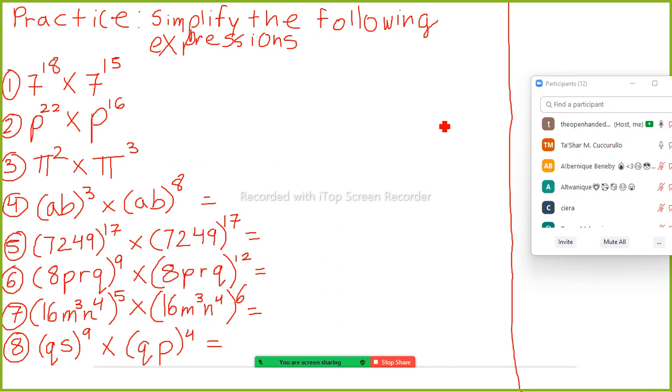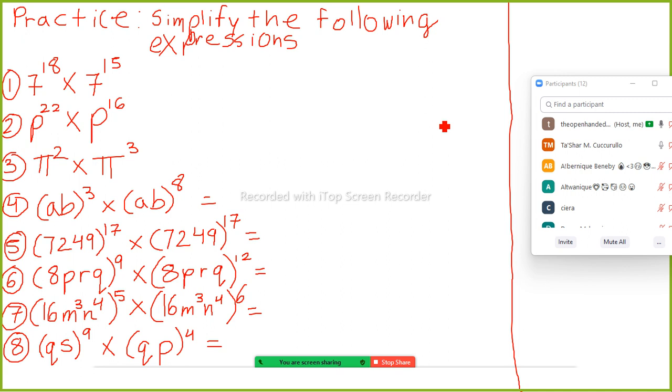We have 7 to the power of 18 times 7 to the power of 15, p to the power of 22 times p to the power of 16, pi squared multiplied by pi to the third power, ab to the third power times ab to the eighth power, 7,249 to the 17th power times 7,249 to the 17th power.